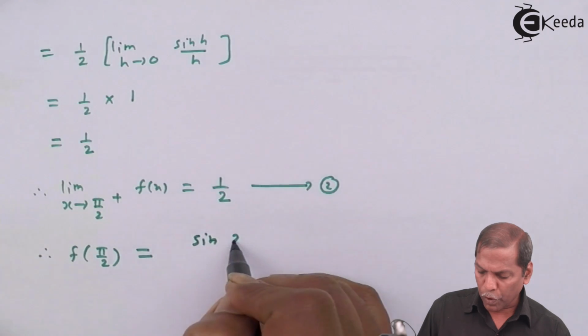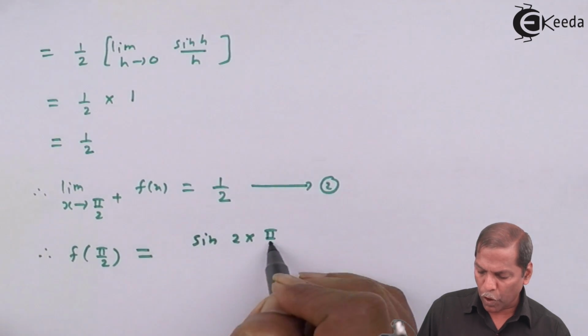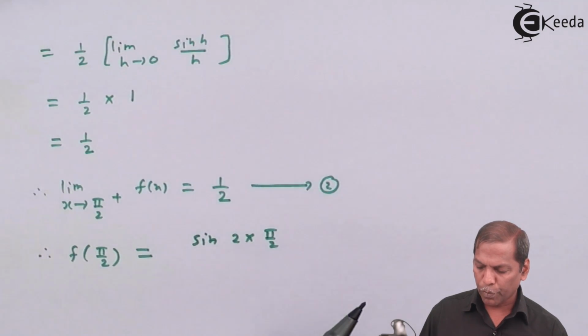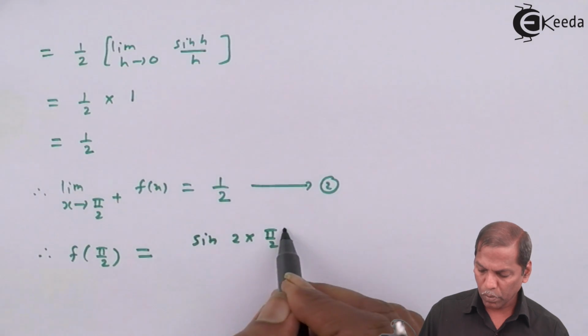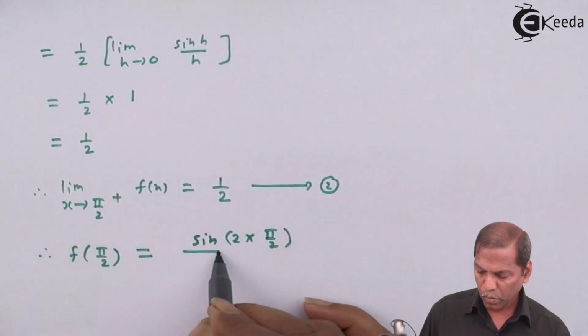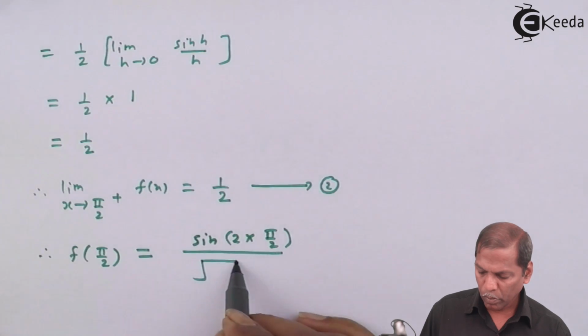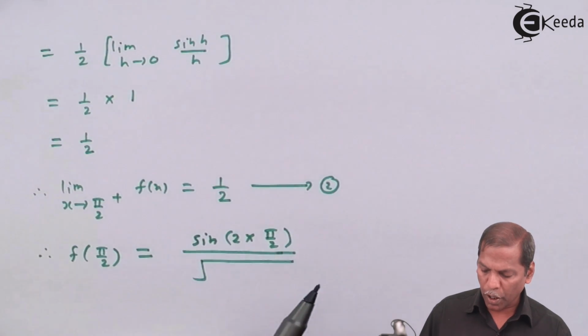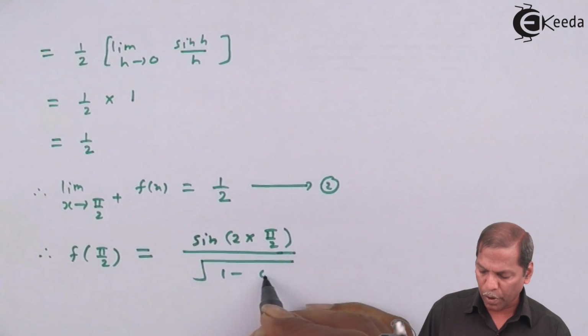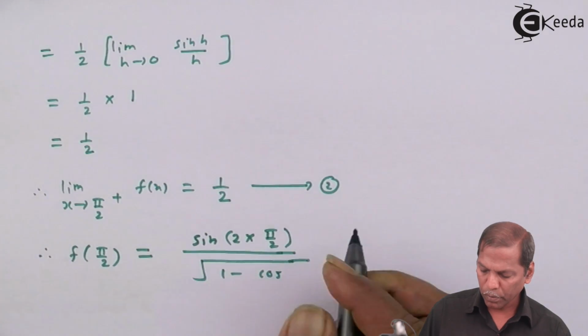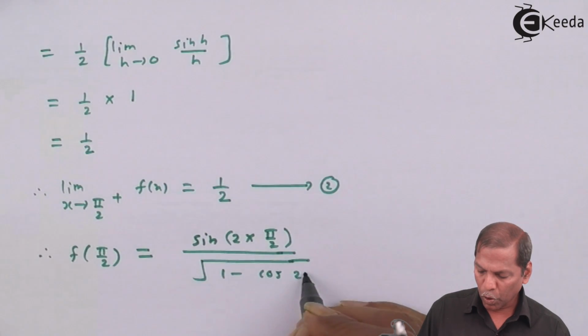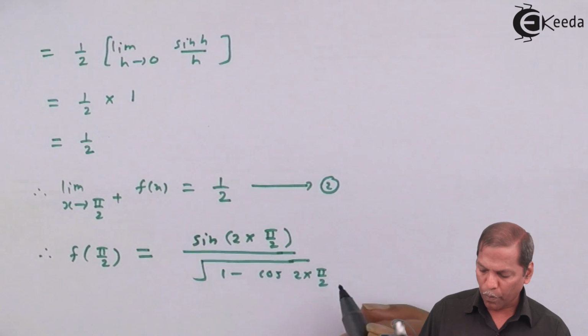So sine of 2 into, for x we substitute pi by 2, upon under root 1 minus cos 2 into pi by 2.